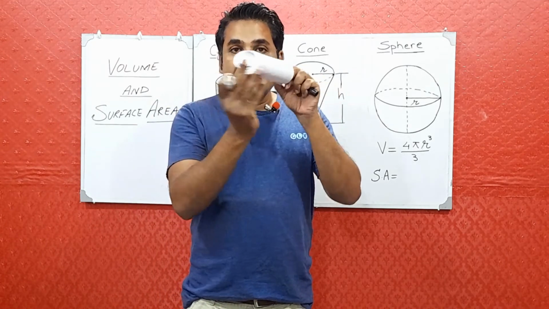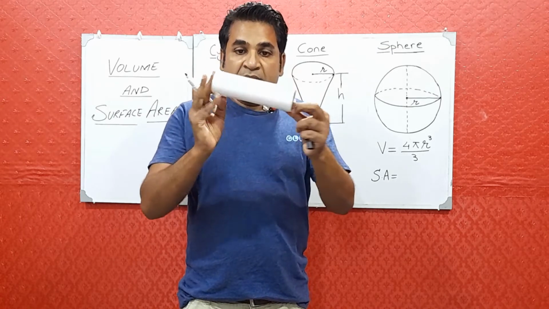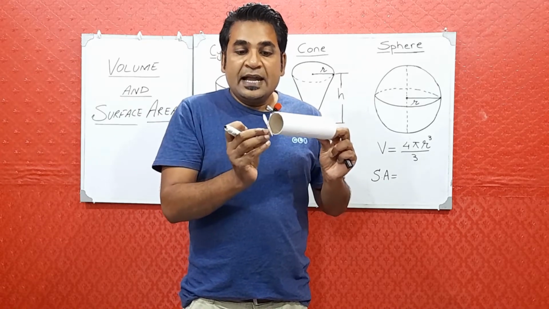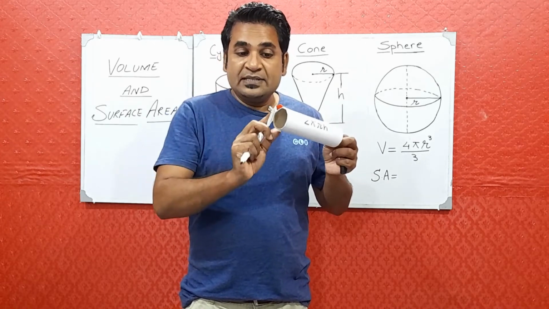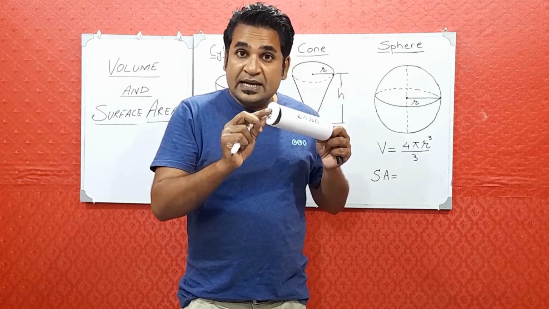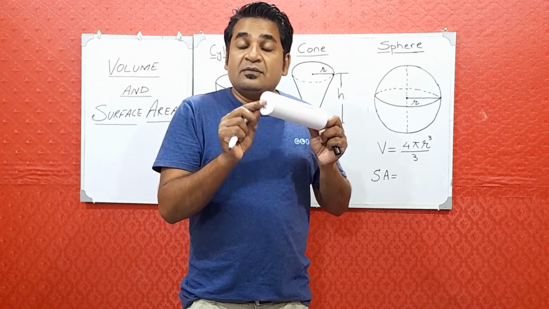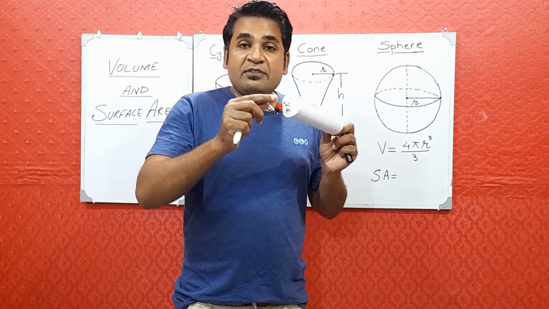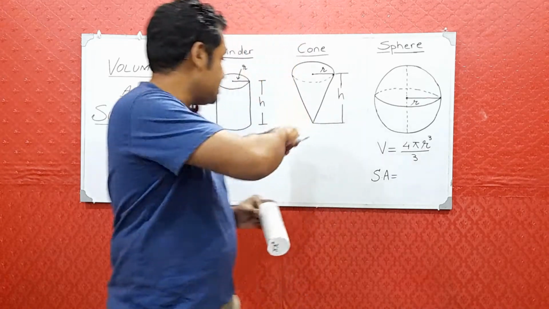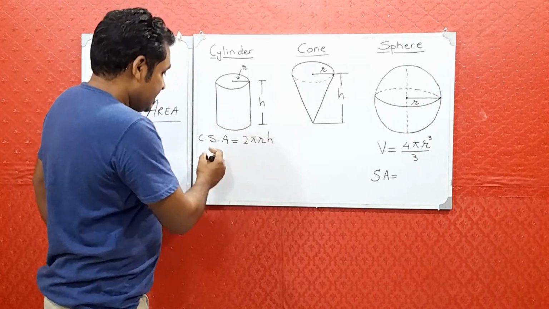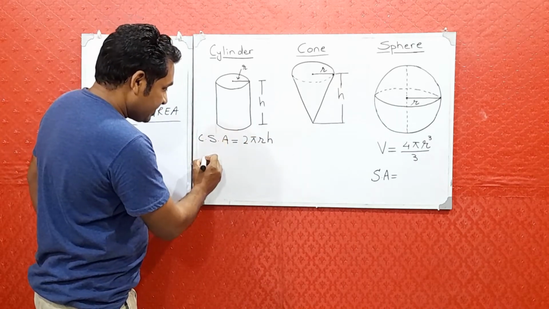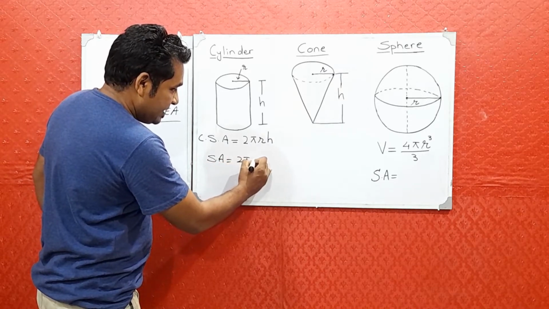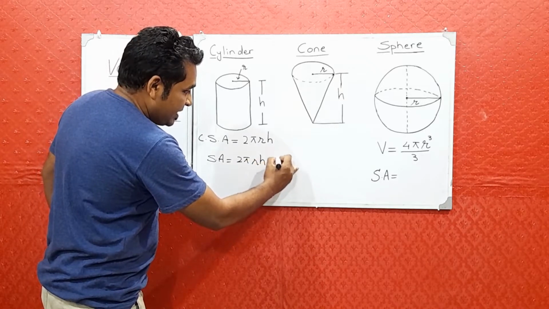Now what I have added is one surface, and because this is a circular surface, its area is pi r squared. It means I have added 1 pi r squared to this curved surface. So if it is closed at one end, then the surface area is 2 pi r h plus pi r squared.